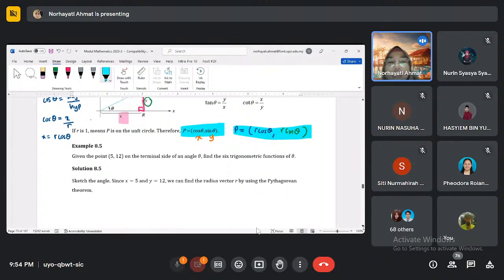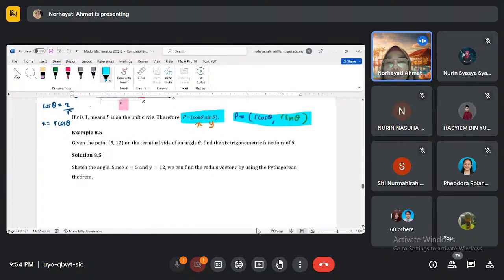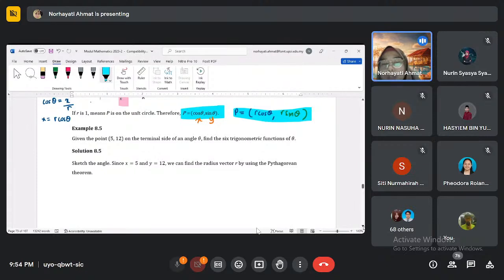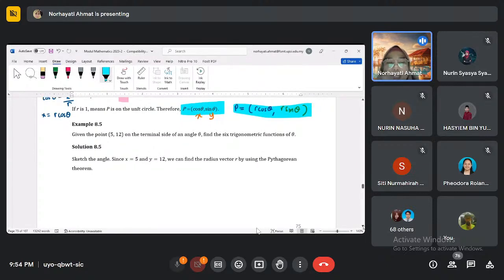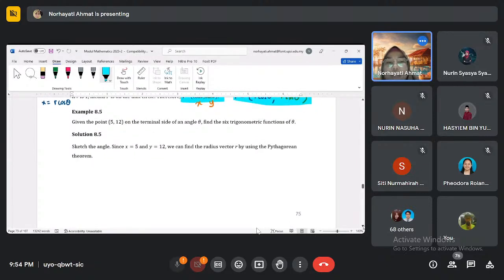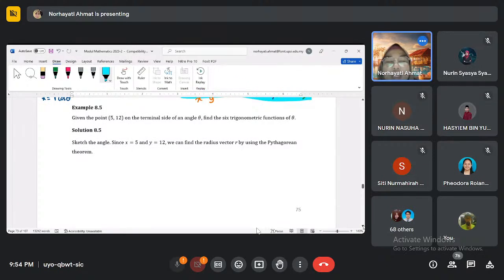Kita bincang example 8.5 before we have a short break. Given the point (5, 12) on the terminal side of an angle theta, find the six trigonometric functions of theta.